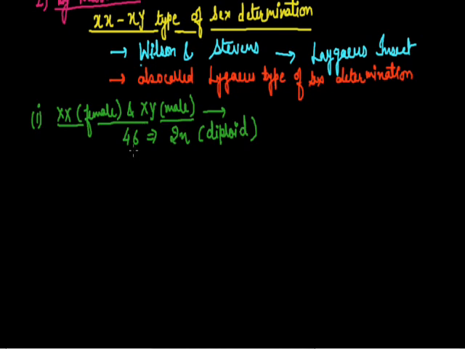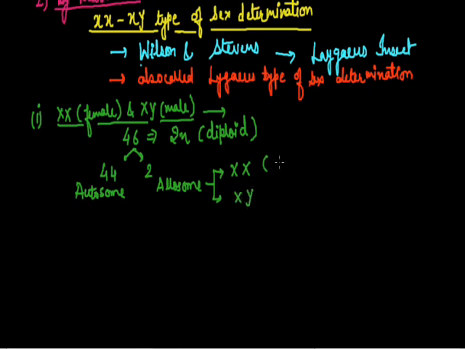Of these 46 chromosomes, 44 are autosomes and the remaining 2 are allosomes. In this type, these 2 allosomes are represented as XX in female and XY in male.